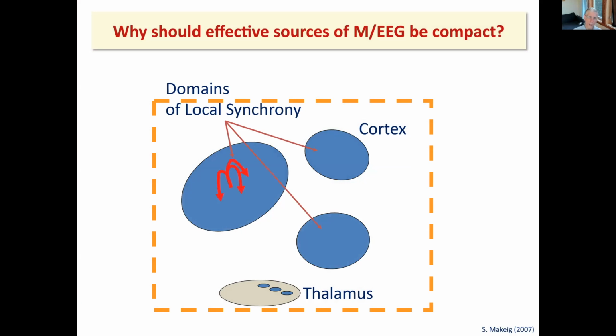The excitatory and inhibitory cell networks within this cortical area are highly coupled, and that gives rise to cyclic behavior, both narrowband and broadband.